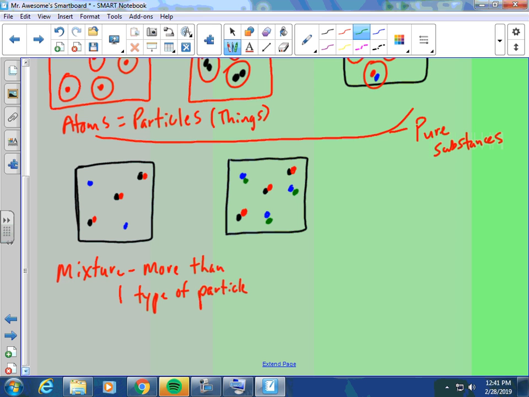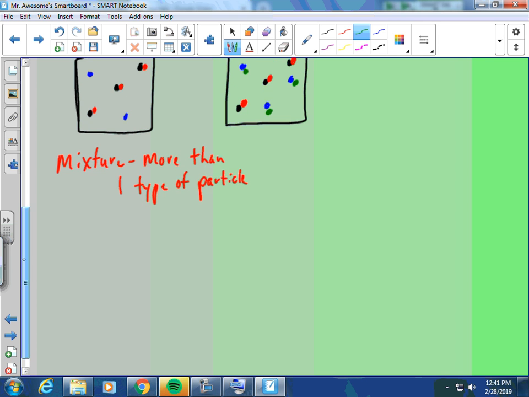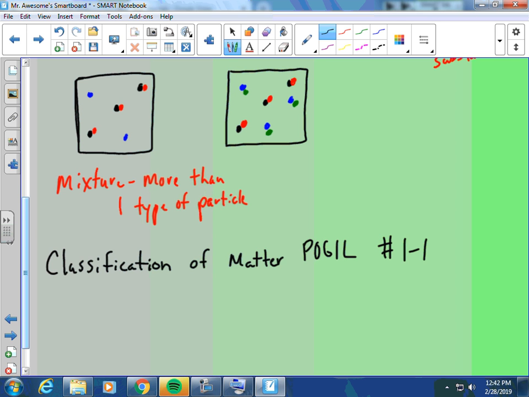So the thing was, when we went through this classification of matter POGO, you want to use this as a study tool, because when I make this quiz, which I haven't done yet, if we do all of the numbers 1 through 12, which is what we reviewed the other day, that's what's going to be on this quiz.